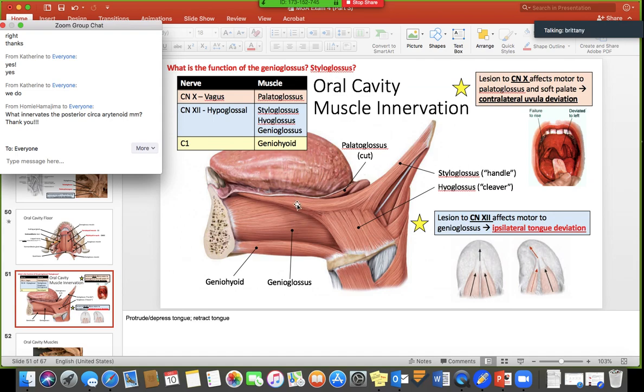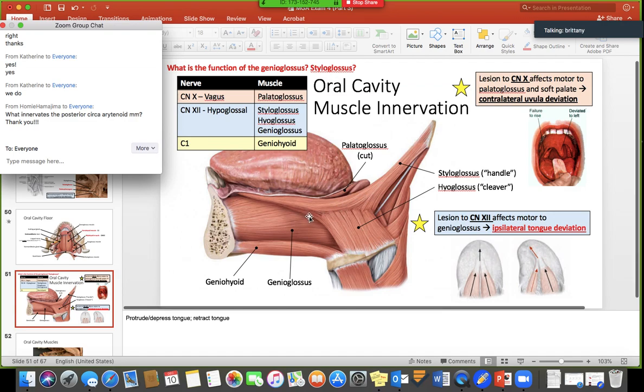All right. Let's see what else. Oh, she talked about knowing the difference in function between the genioglossus and the styloglossus. So your genioglossus is responsible for protruding the tongue, and then your styloglossus retracts or pulls the tongue back in your mouth.